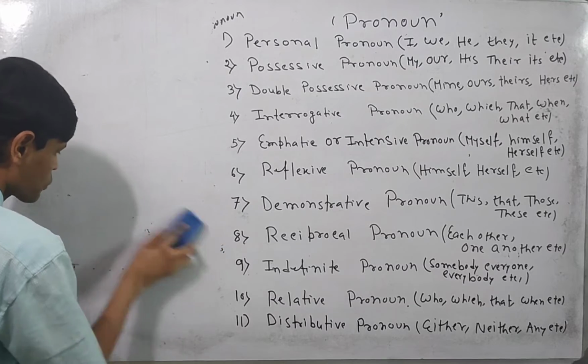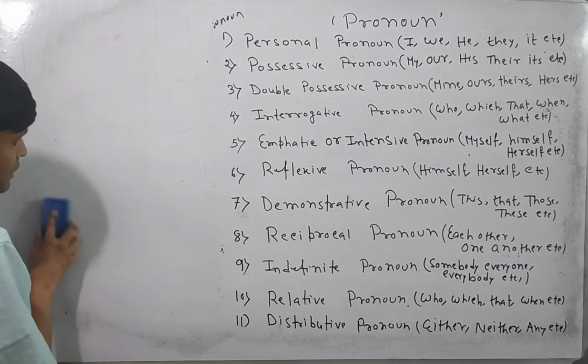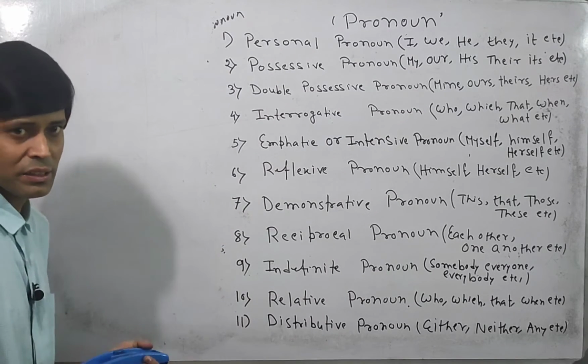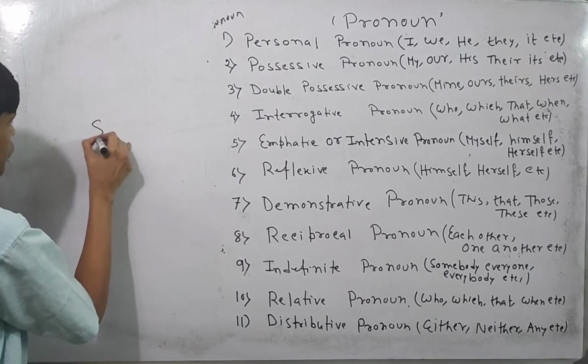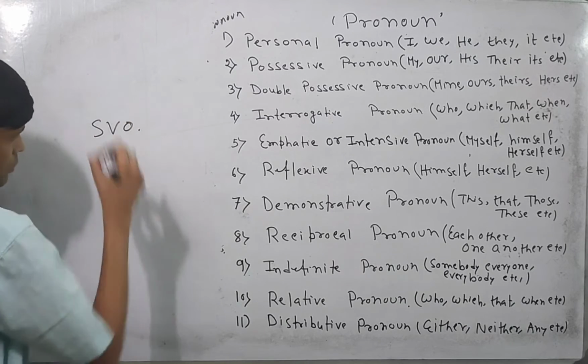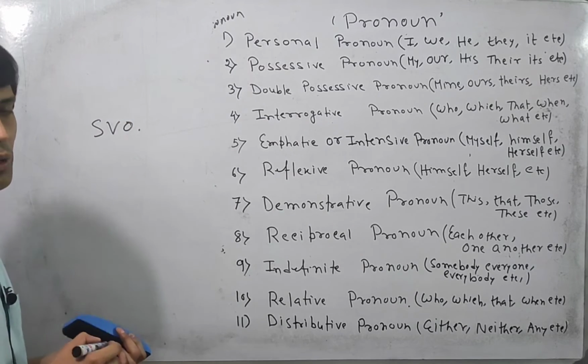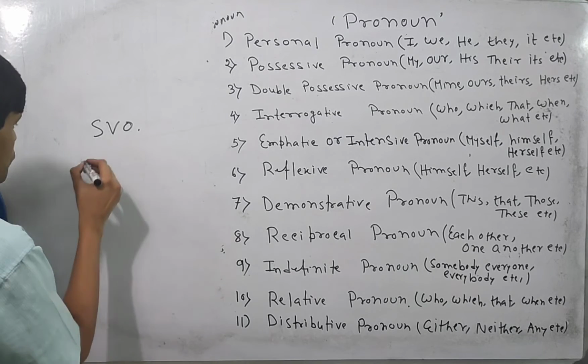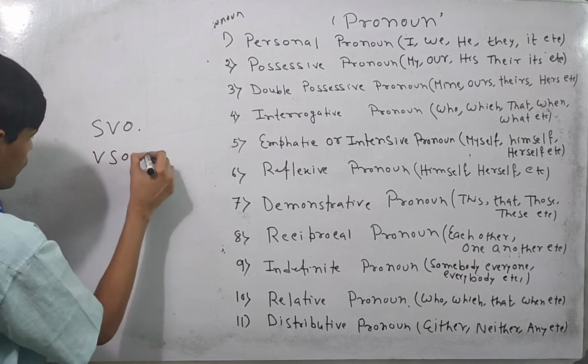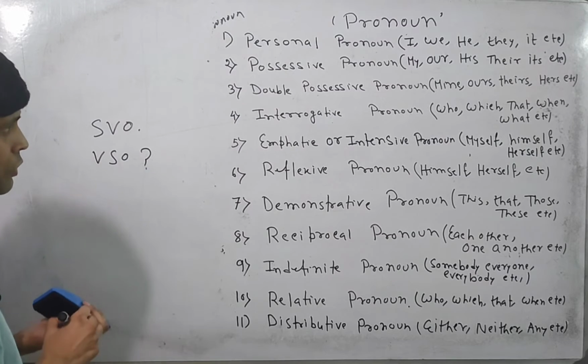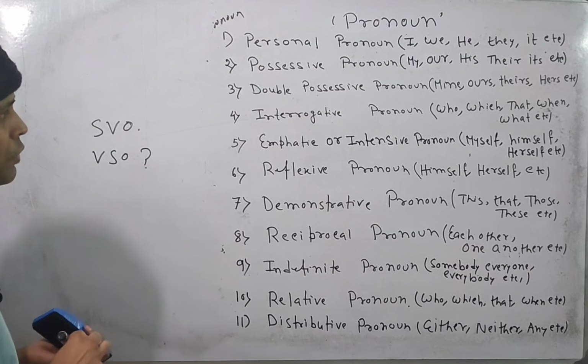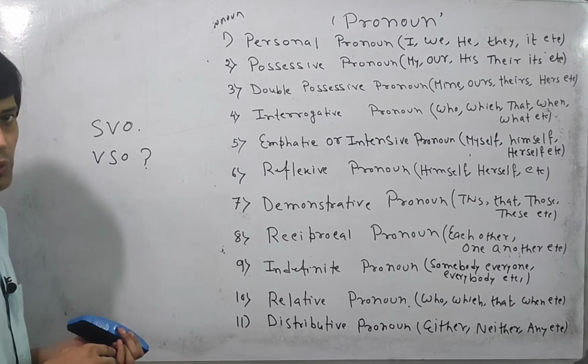Now what is the question format? In general cases, while forming sentences, we follow SVO order. But while forming a question, we should follow VSO order. Who, which, when, all are interrogative pronouns.